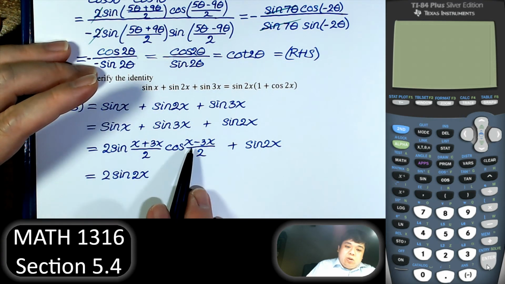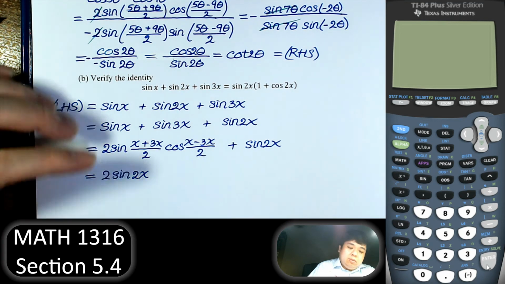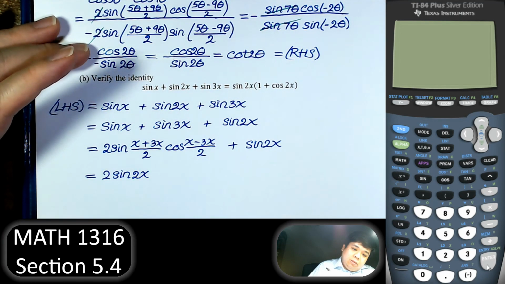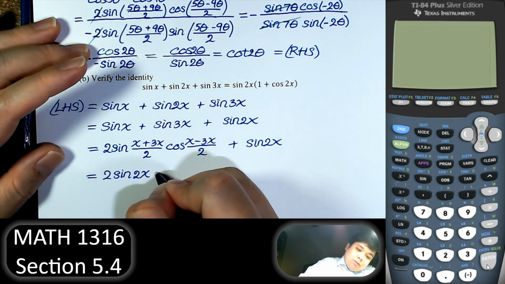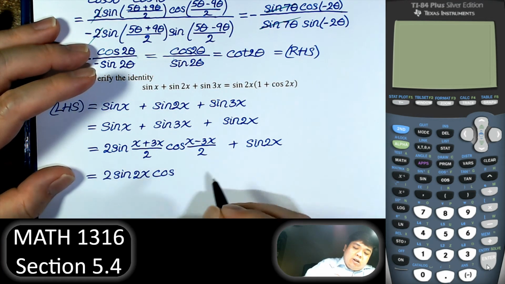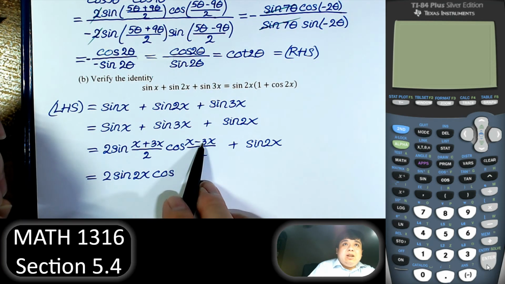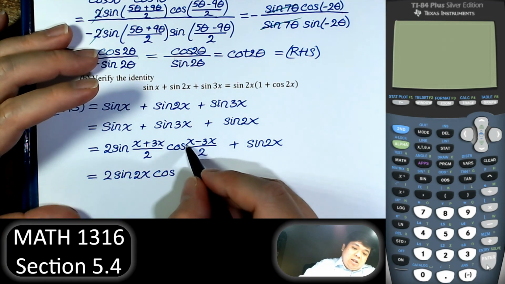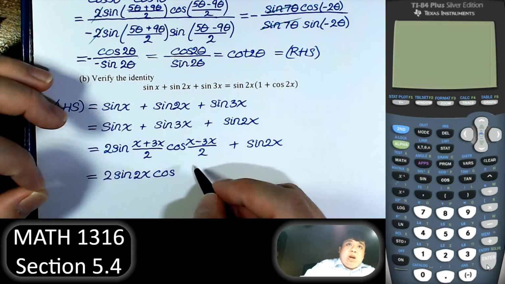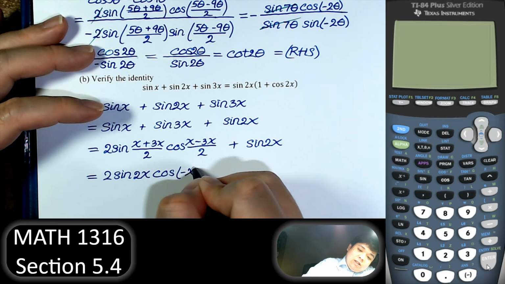And then cosine of x minus 3x is minus 2x divided by 2, so we have minus x.